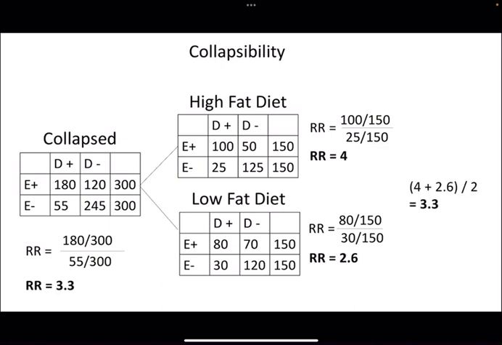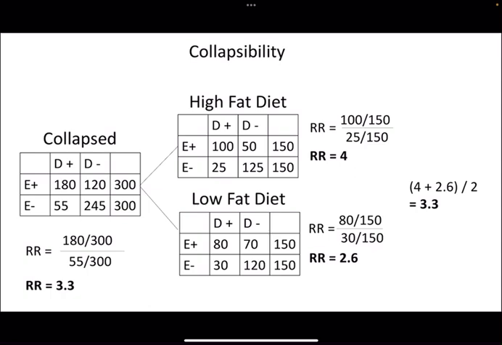Now, if we take an average of that, here we have 300 people in the high-fat group and 300 people in the low-fat group. So we don't need to do a weighted average. We can just do 4 plus 2.6 divided by 2, and we get 3.3. And that's the same as we got in this collapsed table. So what this illustrates is that when you use a collapsible measure of effect, something like a relative risk, then basically your population level collapsed table is just a weighted average of the 2 strata.